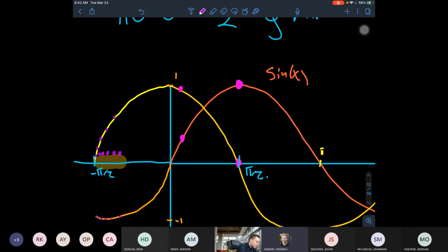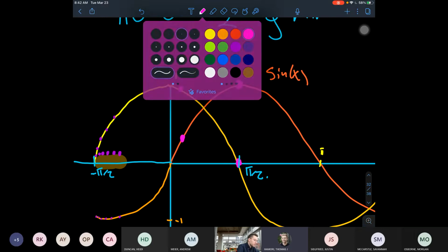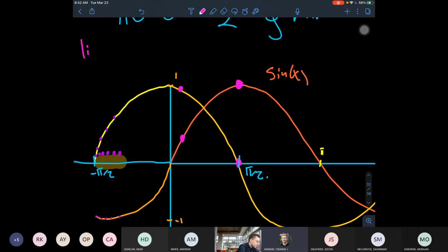So the way I would write this out using limit notation, which we've talked about a couple times, we would write something like the limit as x approaches negative pi over 2 from the right. Okay, so that's what that plus means there. Of sine of x over cosine of x.